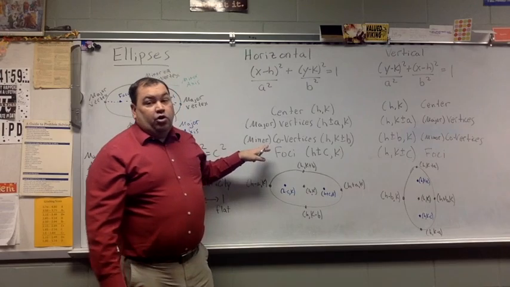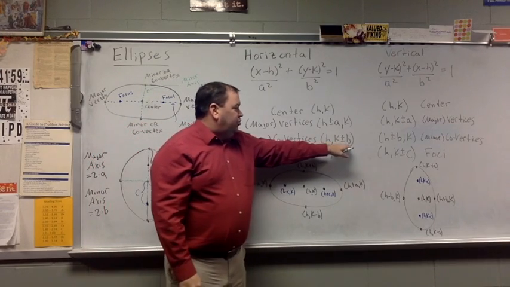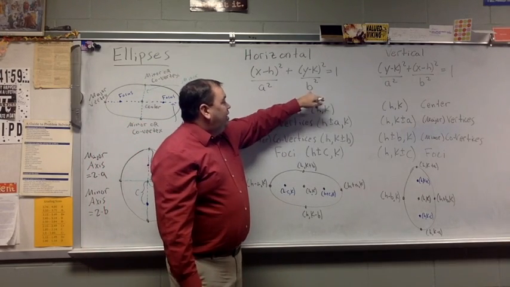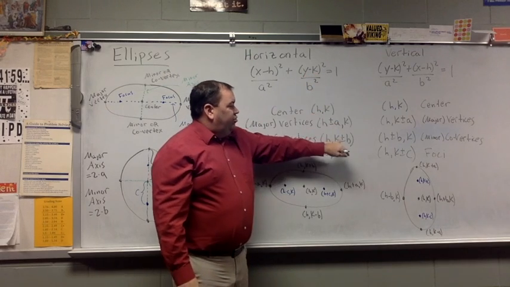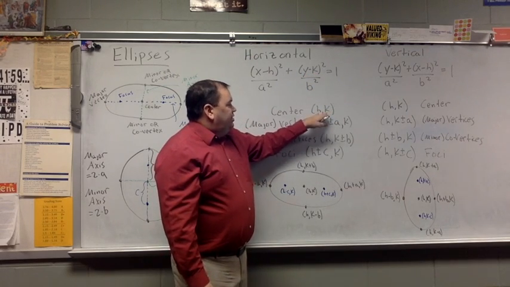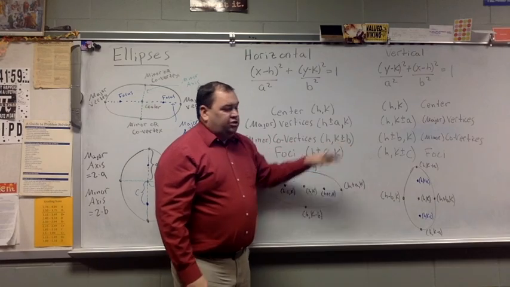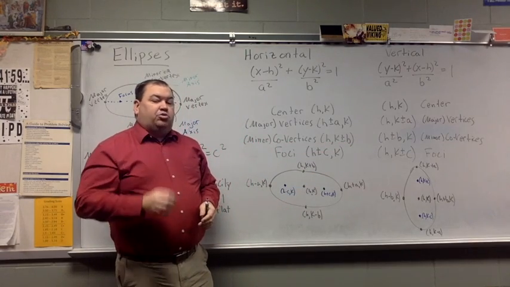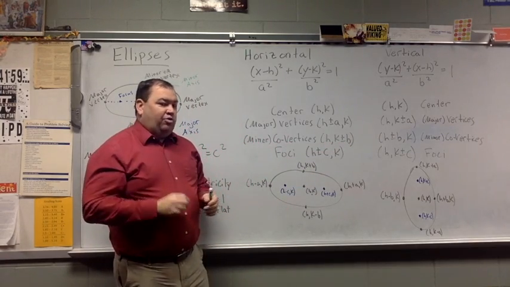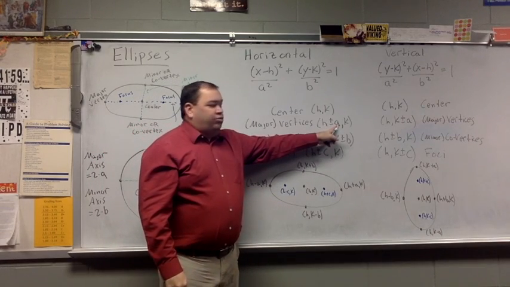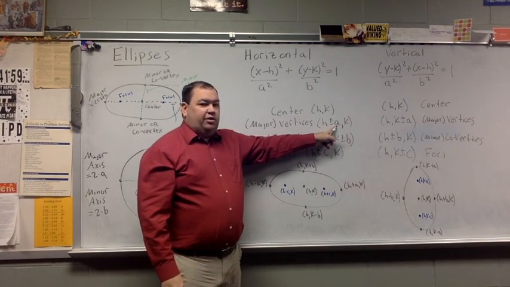The minor or co-vertices, that's what y gets to deal with. And notice that that b is sitting underneath y. So from the center, the y portion changes. We add b and we subtract b. So we go up and we go down b, we go left and right a from the center.